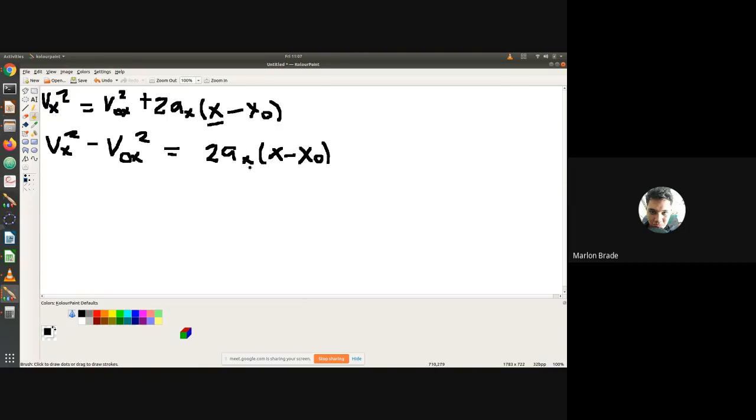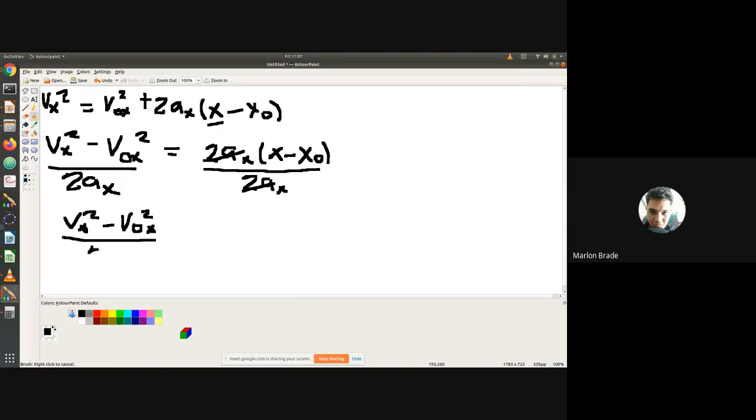So kung akong i-divide og 2ax both sides, mag-cancel out ni. So mabilin na ko kay vx squared minus v naught x squared over 2ax.